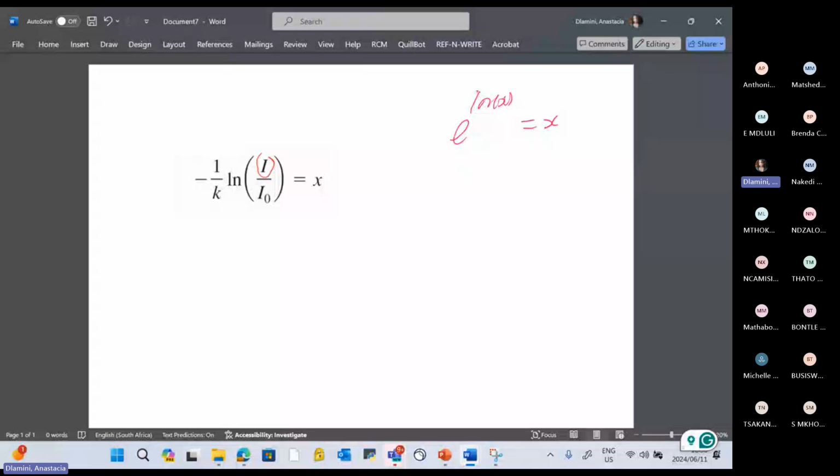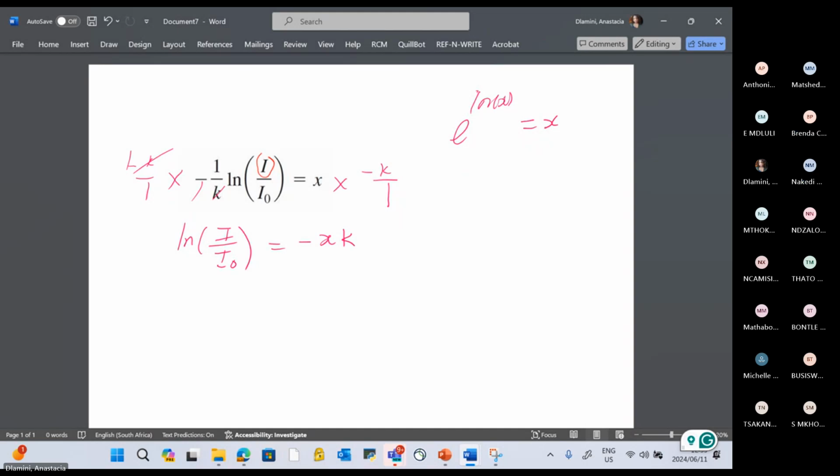So you multiply by minus k over 1 on both sides. This k cancels that k, this negative cancels that negative. So you're left with ln of I over I0 is equal to minus xk.